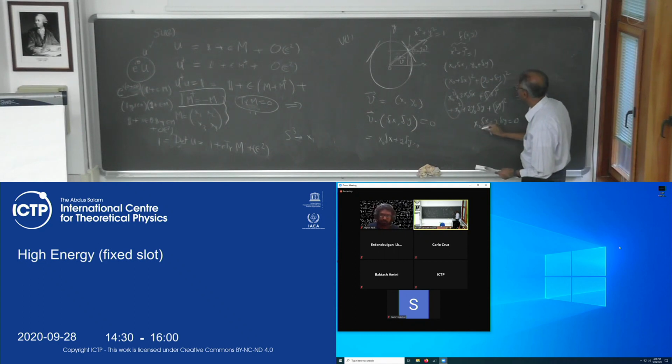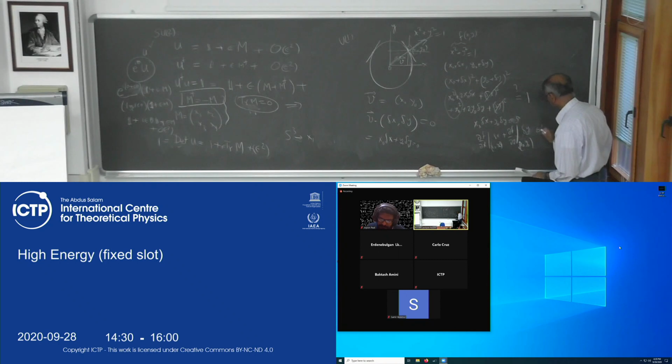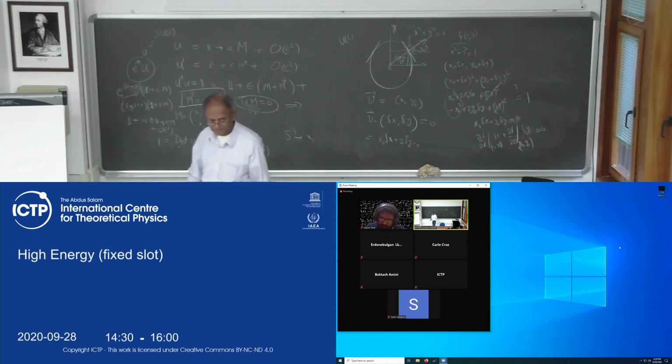So this equation I can write as df by dx evaluated at x naught, y naught times delta x plus df over dy evaluated at x naught, y naught times delta y, whichever the point you're looking at, that's equal to 0. So that's the equation.